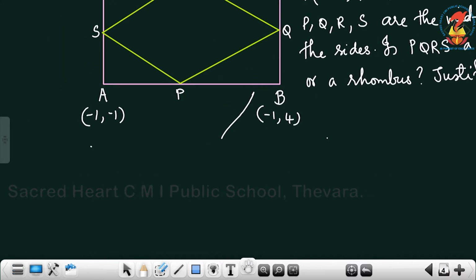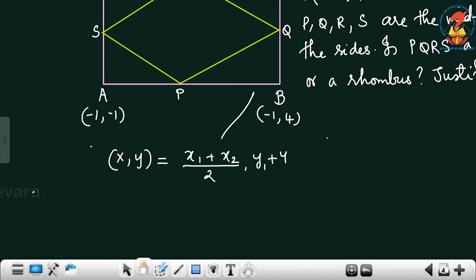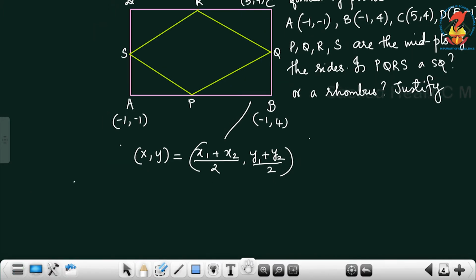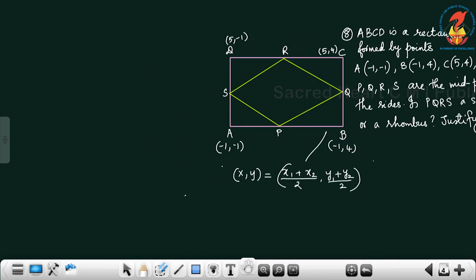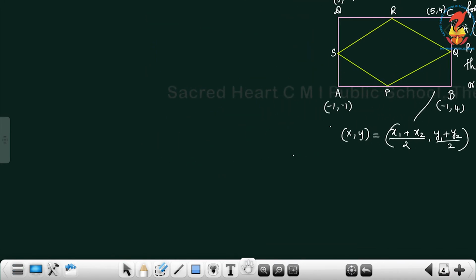If (x, y) is a midpoint, then the formula is (x1 plus x2) by 2, then (y1 plus y2) by 2. This is the formula to find the midpoint. So now we are going to find the coordinates of P, Q, R and S.